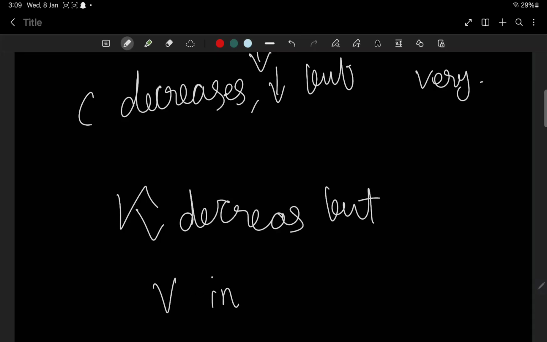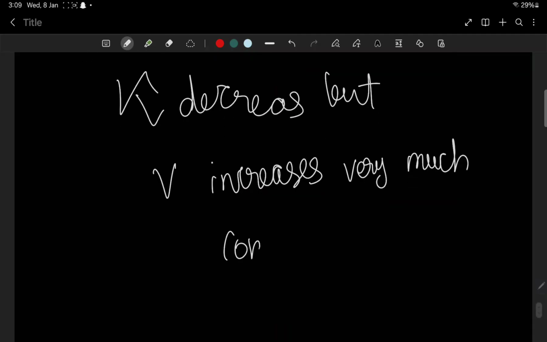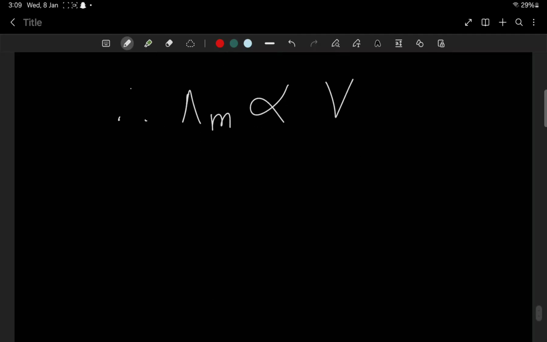The problem is that kappa decreases, but volume increases very much compared to kappa. Kappa is very small, so we can say molar conductivity is directly proportional to volume. So as volume increases, molar conductivity increases.